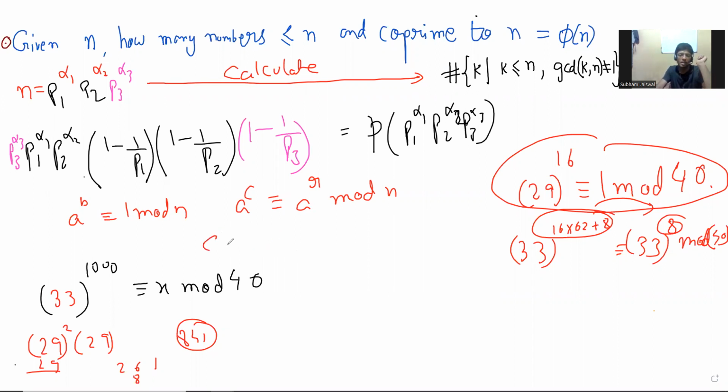To say simply, c is bq plus r. This is the major simplification, right?